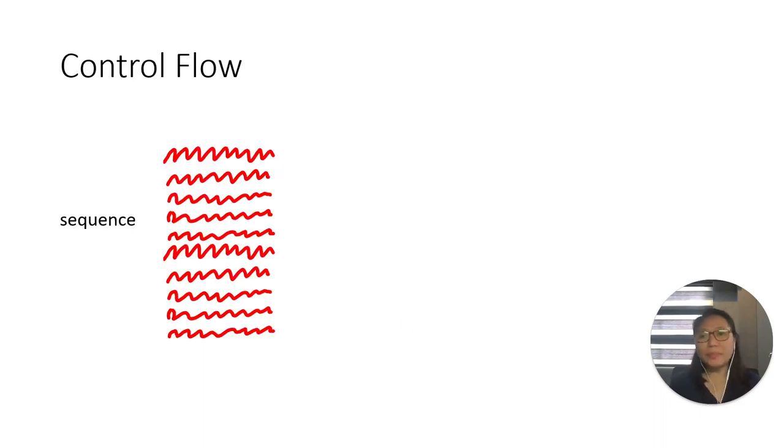So the program runs or executes the code sequentially. It means that it starts from line 1 and goes to line 2 and so on. So it runs the code line by line.